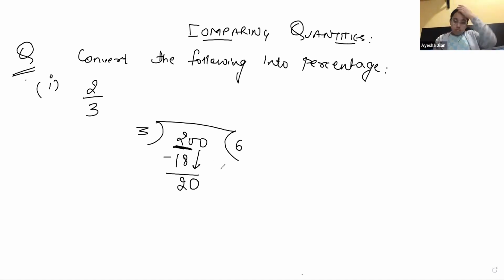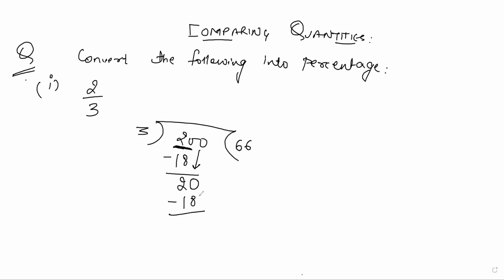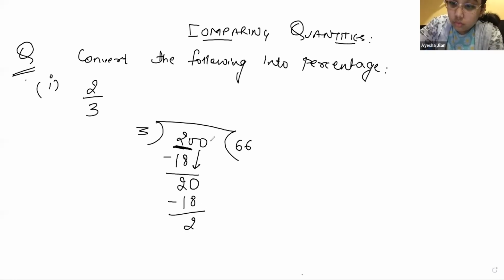What comes? 18. 6 times, so 3 sixes are 18, right? Again 20 minus 18 is 2. I'm left with 2. Is there anything which I can take downwards? No, ma'am.